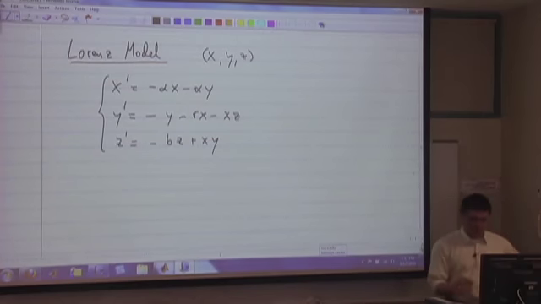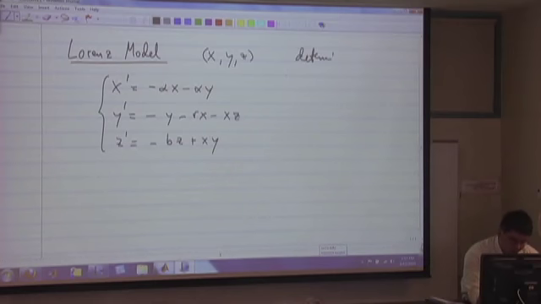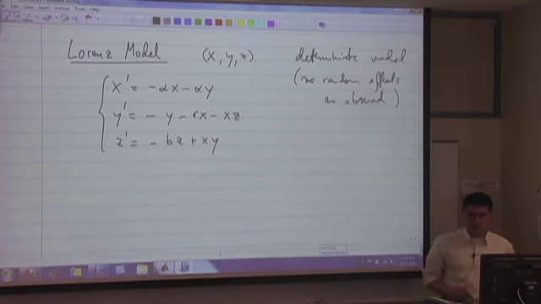there's absolutely nothing random, so this is a deterministic model. Right? So no random effects are observed, or even if there are in the model, they are ignored.